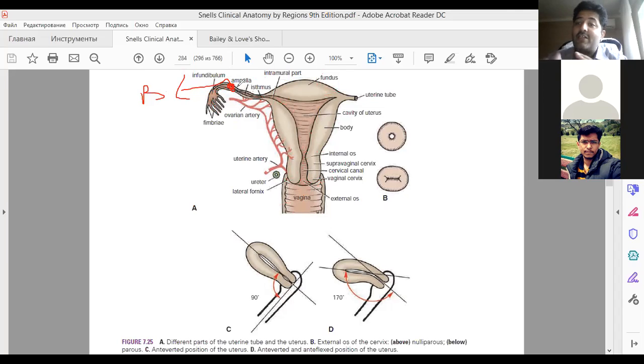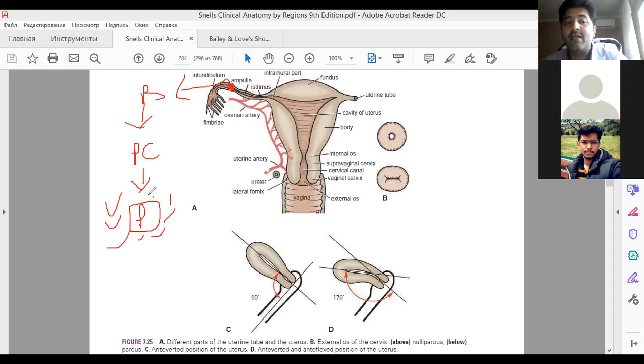It is a communication of the pelvic cavity with the peritoneal cavity. And when it bursts, it will release the contents into the peritoneal cavity, resulting in peritonitis. Very, very important. So these points you must remember clinically. They are going to ask you these points in fourth year in obstetrics and gynecology, ectopic pregnancy.